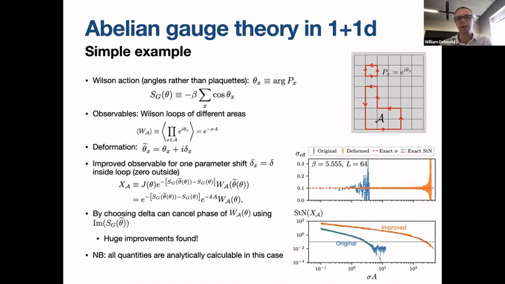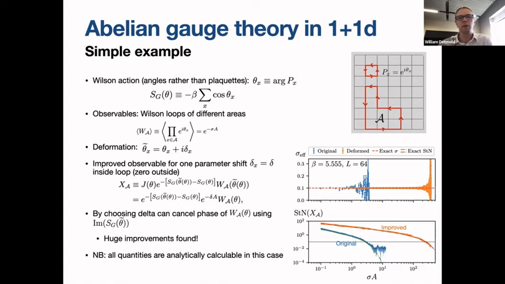And in this simple model, I'm going to do something even simpler. I'm going to just do a 1 parameter shift. So I'm going to set every delta at each site to be the same, and we'll have 1 parameter delta, which is defining our contour deformation.